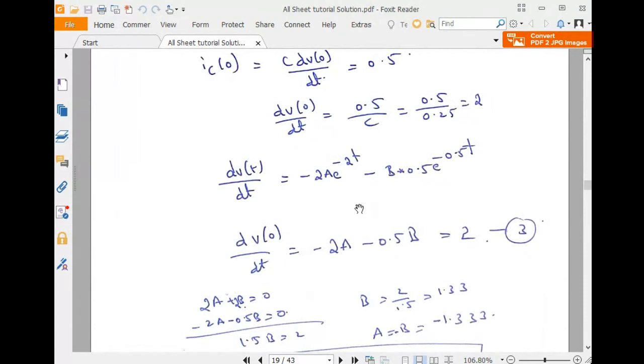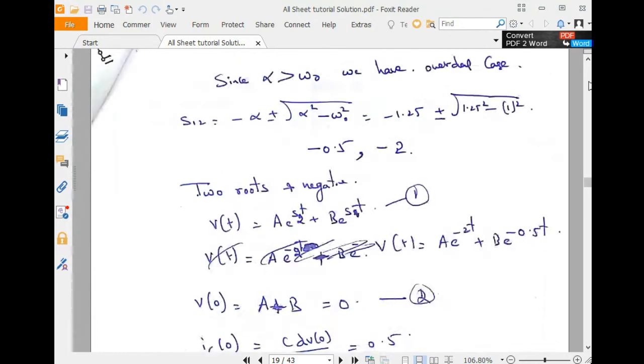Differentiate like this. Now substitute t equal to 0 again in this differentiated equation. You'll get one equation, that is equation 3. Now dV of 0 by dt equals 2, which you got here. Substitute in this place. You got equation 3 and equation 2.